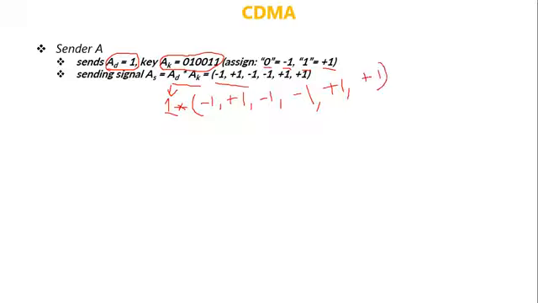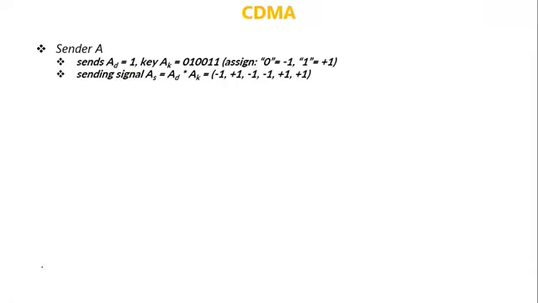When you multiply with 1, you get the same thing: -1 +1 -1 -1 +1 +1. So this is the actual signal that the sender is going to broadcast.